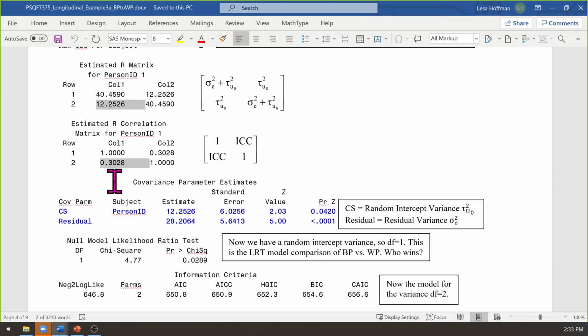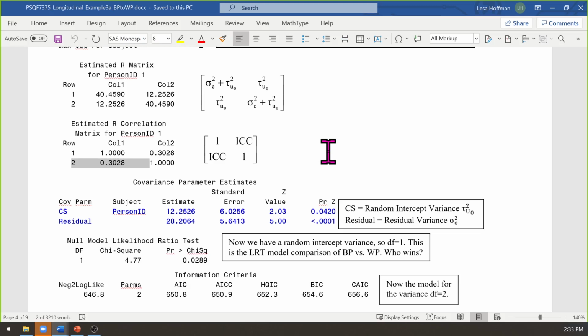Indeed. So that 0.3 then, you can talk about this in one of two ways. You can talk about it as a proportion, or you can talk about it as a correlation. If I go proportion, what I'm saying is that of all the reasons why there's differences in this outcome over times and over persons, 30% of that is because of which person is which. 30% of that is cross-sectional, would have had it even if you had measured them only one time.